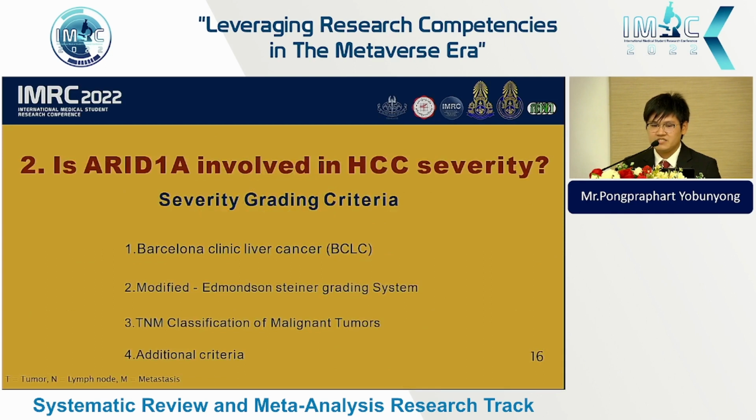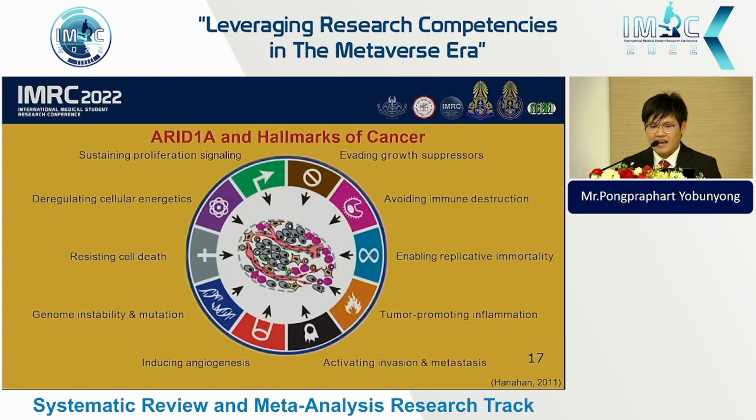The second part is whether ARID1A is involved in HCC severity. To explain this, we constructed a new grading system using the BCLC, the modified Edmondson-Steiner grading system, the TNM, and some additional criteria. ARID1A seems to play a part in the hallmarks of cancer, for example sustaining proliferative signaling, tumor-promoting inflammation, activating invasion and metastasis, and inducing angiogenesis.